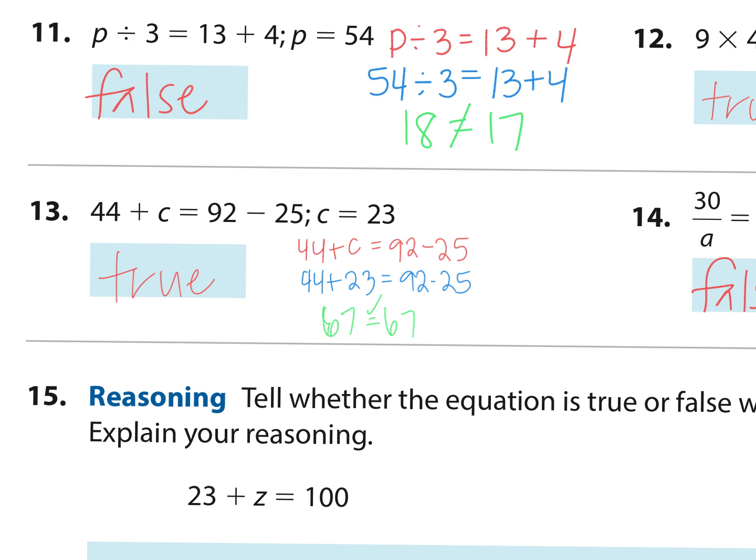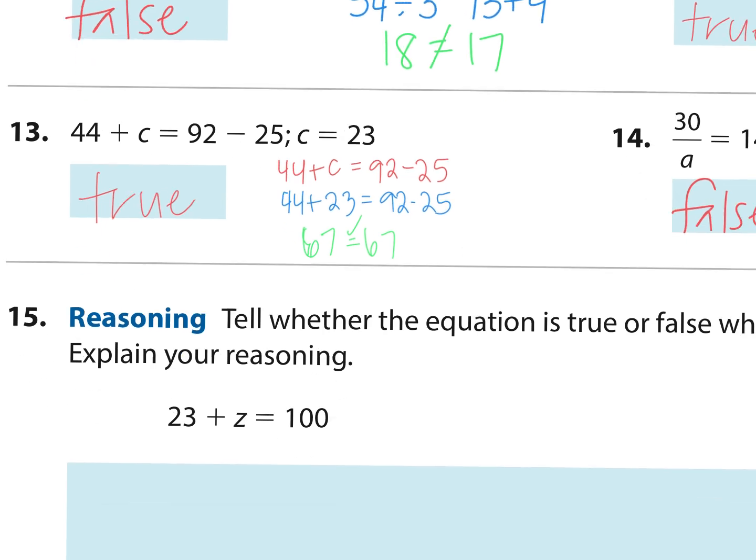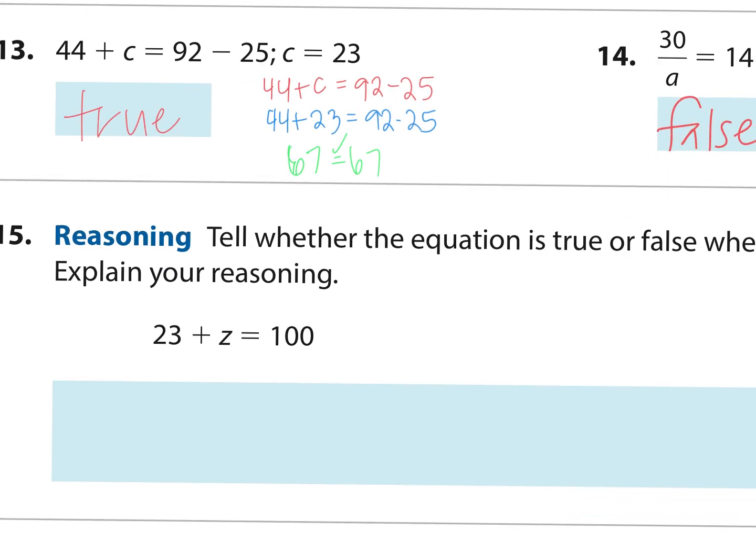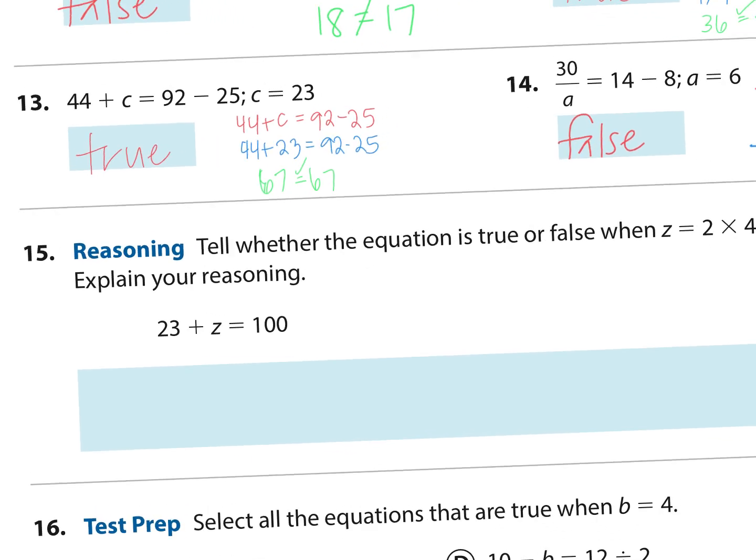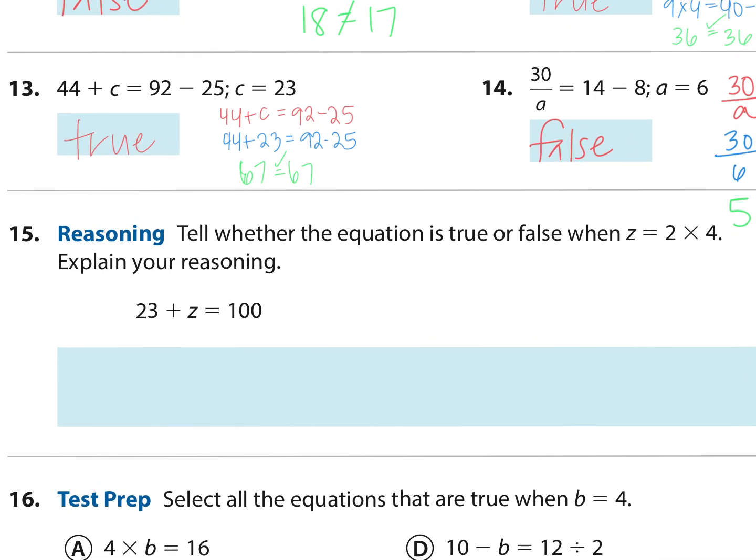Okay, we did 14 together, so now we're looking at 15. Number 15 says tell whether the equation is true or false when z equals 2 times 4. So if I'm trying to figure out z equals 2 times 4, what do I do? I just do 2 times 4. So I'm going to solve this part here.